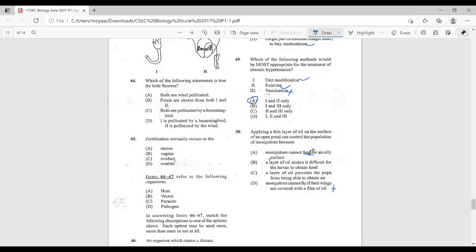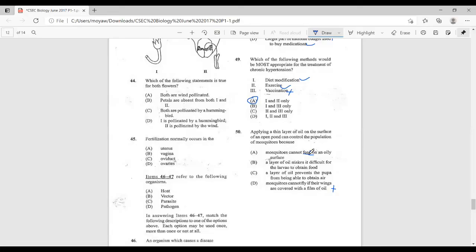So we have B, a layer of oil makes it difficult for the larvae to obtain food. And then C, a layer of oil prevents the pupa from being able to obtain air. So we all know that mosquitoes can be destroyed by spraying oil on the surface of stagnant water. The oil that is sprayed will reduce the surface tension of the water so that the larvae will sink and suffocate.